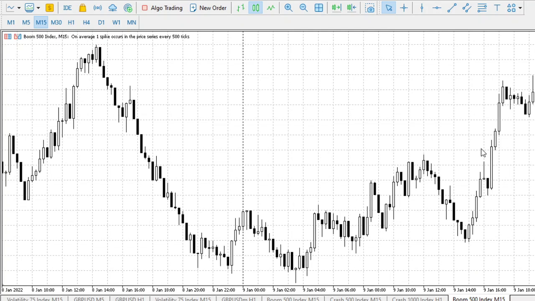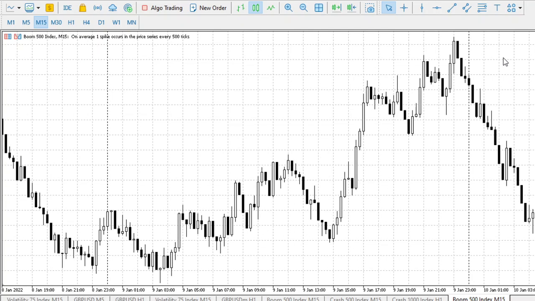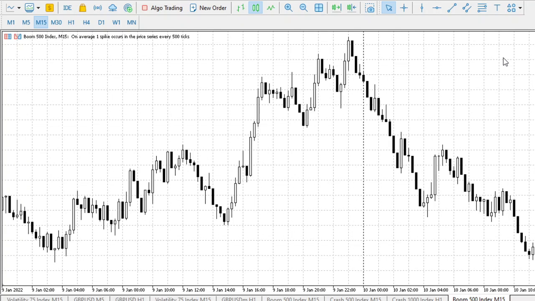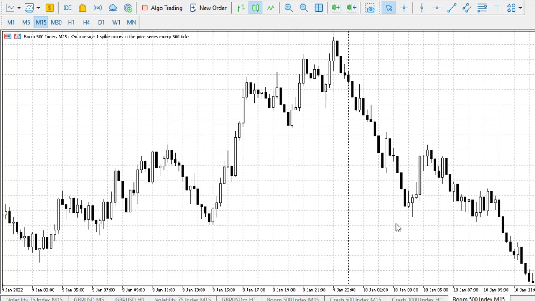So when it goes up to this high, we enter, aiming for this bullish candlestick. As you can see, the market did go to that area. So this is strategy number 3, although it is not my favorite.